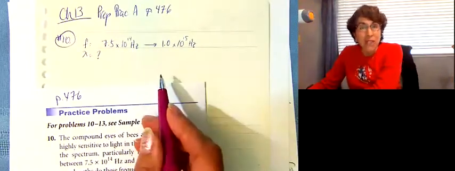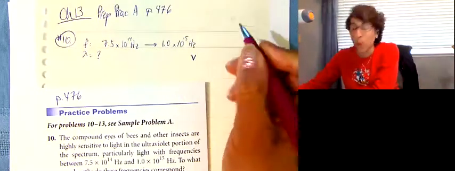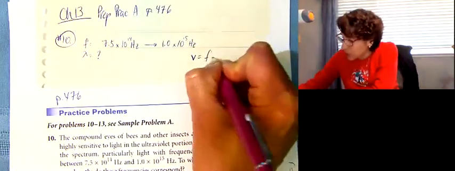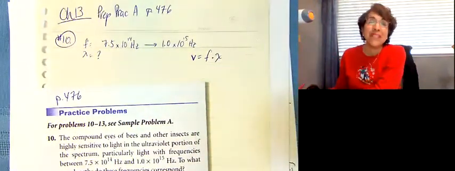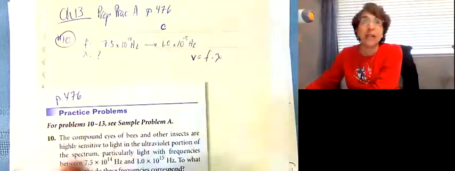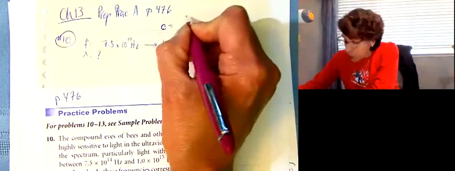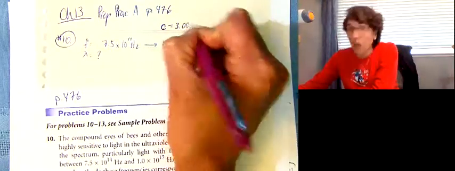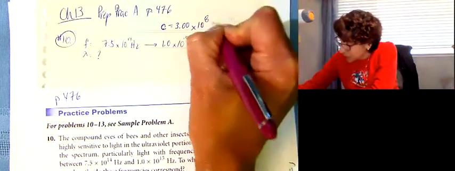In the last chapter, you learned that the velocity or the speed of a wave is equal to the frequency times the wavelength. But here we're talking about the speed of light. The speed of light is known as lowercase c, and it's fast. It's 3.00 times 10 to the 8th meters per second.